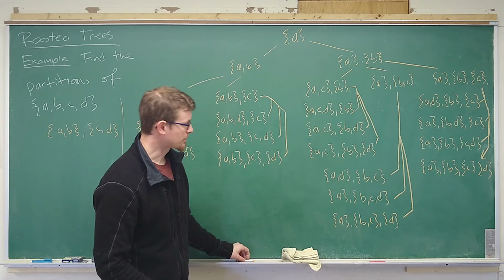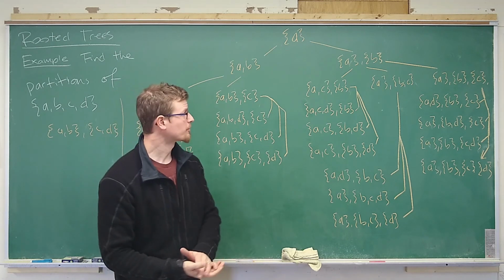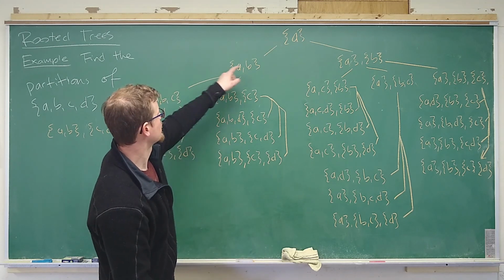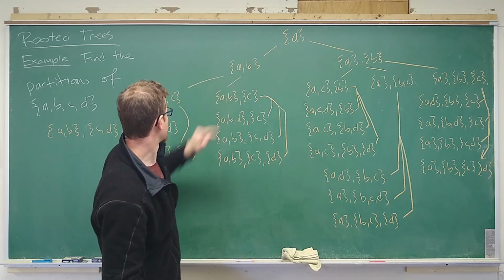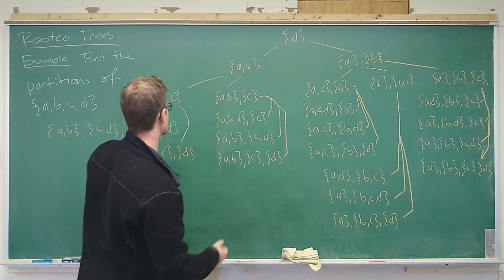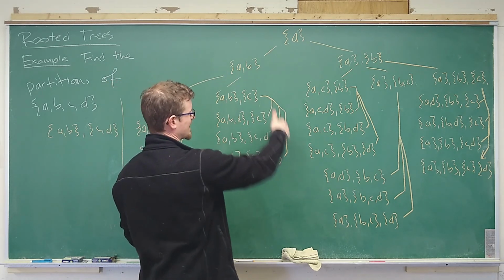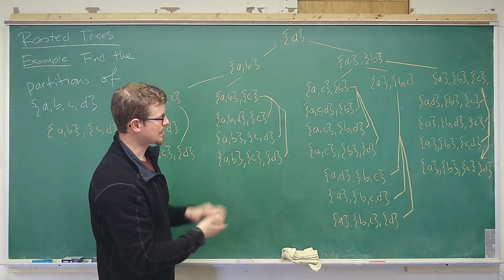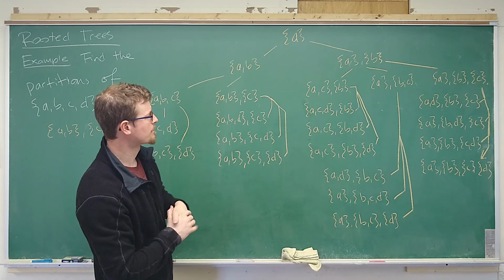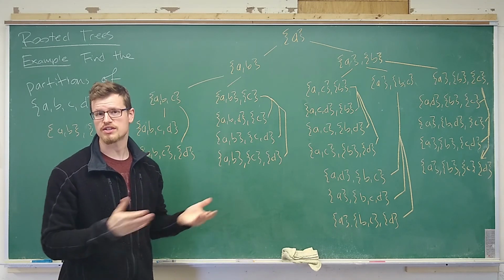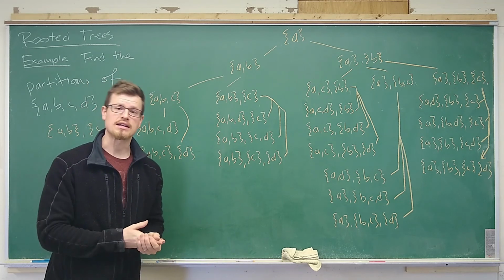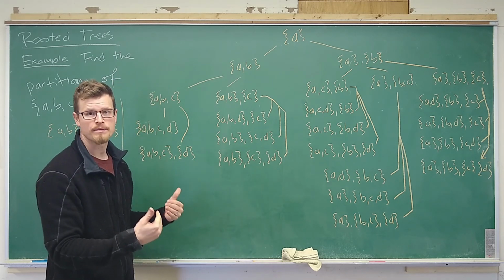All right, so I might encourage you to spread that out a little bit more. Of course, it would be ideal to have nice edges from one set to the next, like we have for these first few, but then once we get to these, they're kind of connected. So being able to write that out with a little bit more space, of course, would be nice. But this now gives us all of the ways that we can partition the set A, B, C, D by considering all of the terminal vertices.